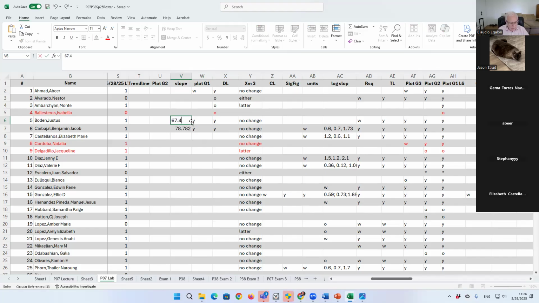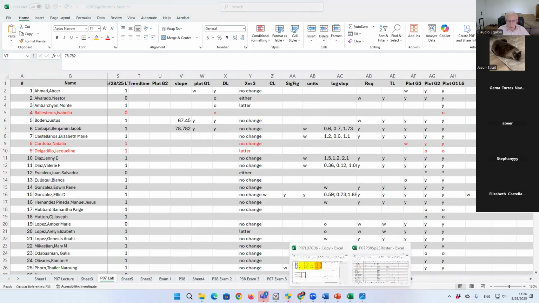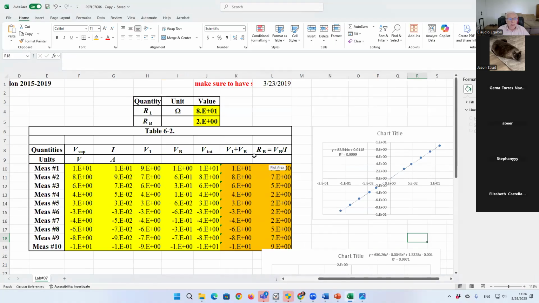67.45. What is the value of your resistor number one in the first table? This value right in here in this cell, okay? In my case, it's 81.3, right? What about yours? What's the number that's typed in there?